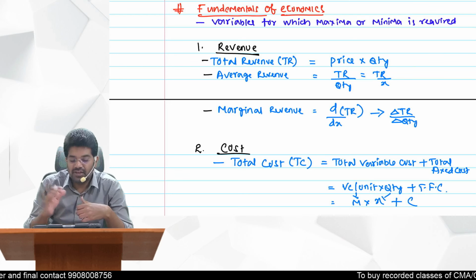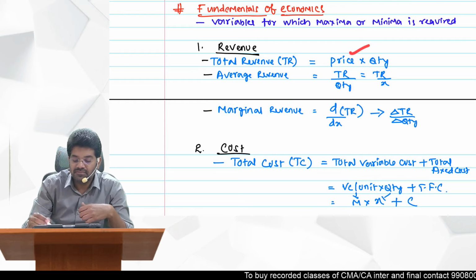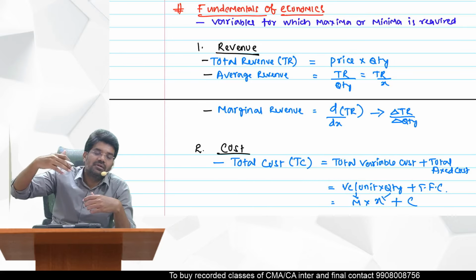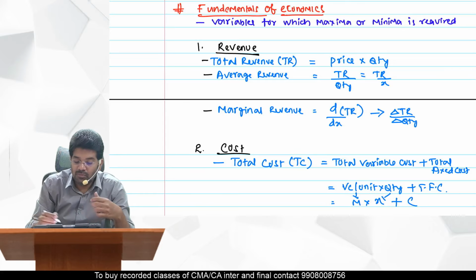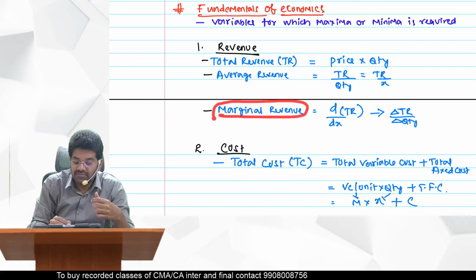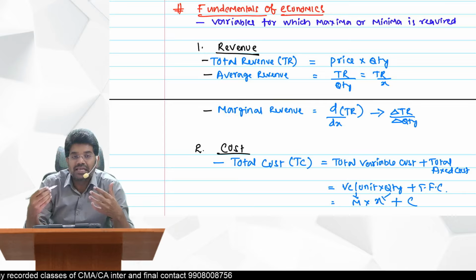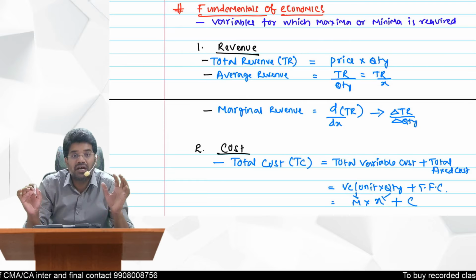Marginal revenue is nothing but d by dx of your total revenue. This is nothing but the change in total revenue divided by the change in quantity. So marginal revenue is nothing but the first order derivative of total revenue.